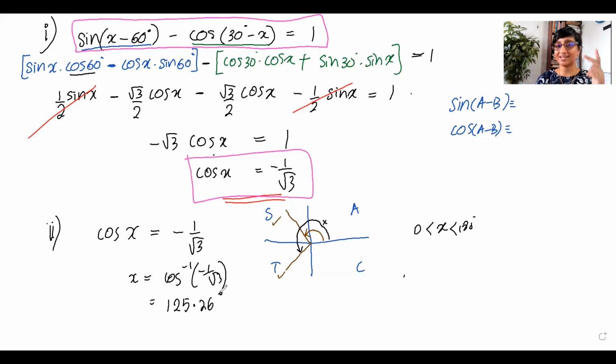If we needed the second solution, in case this was 360, what would be the second solution? How do we find that? We have got this part, and this part is 125.26.